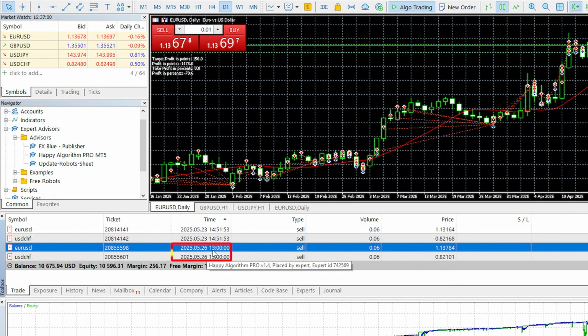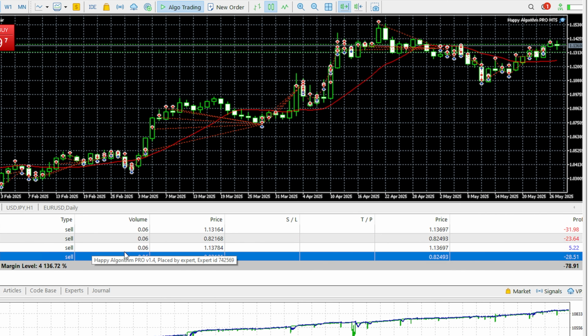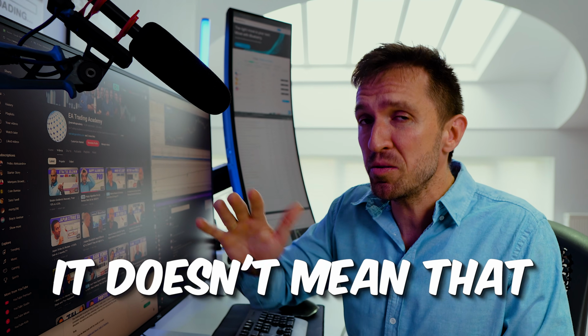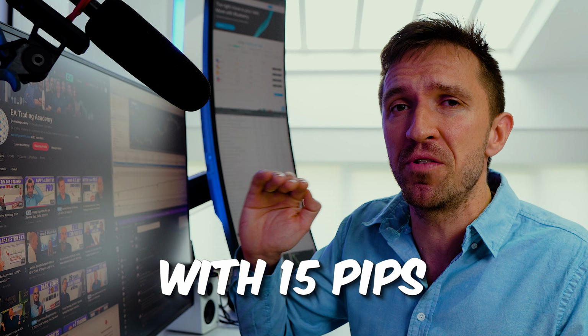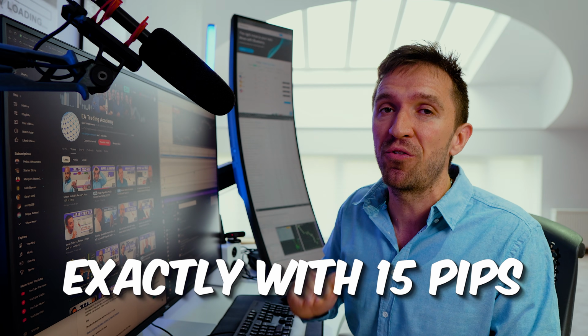So yesterday at 1 o'clock it opened two short trades, one for euro-dollar, one for dollar Swiss, and you can notice that one of them is on a profit, the other one is on a loss. But this is just a negative correlation. It doesn't mean that if euro-dollar goes up with 15 pips, the dollar Swiss will go down exactly with 15 pips.